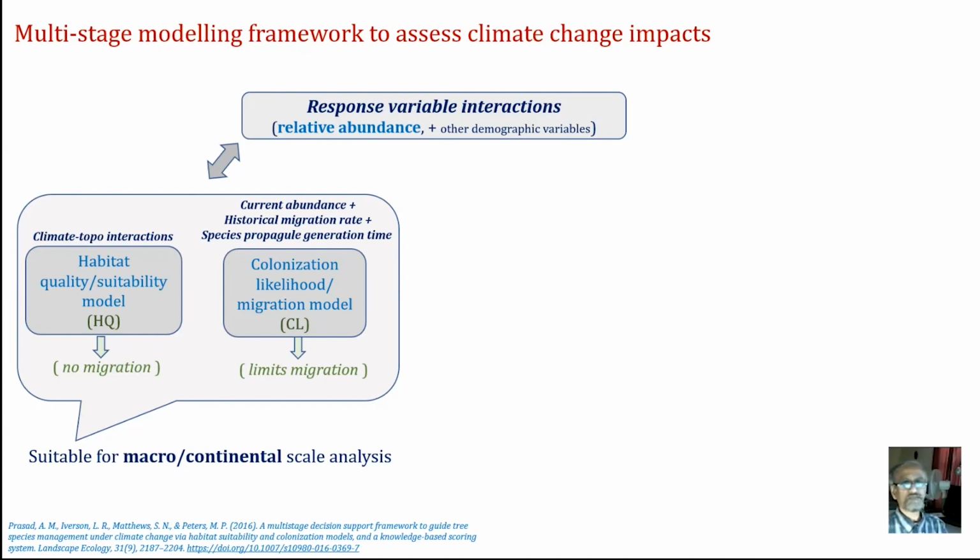The climatic habitat suitability model, HQ, assumes no migration constraints, and the migration model, CL, limits the colonization of these suitable habitats. And these two components are most suited for understanding habitat distribution and colonization patterns at continental or macro scales.